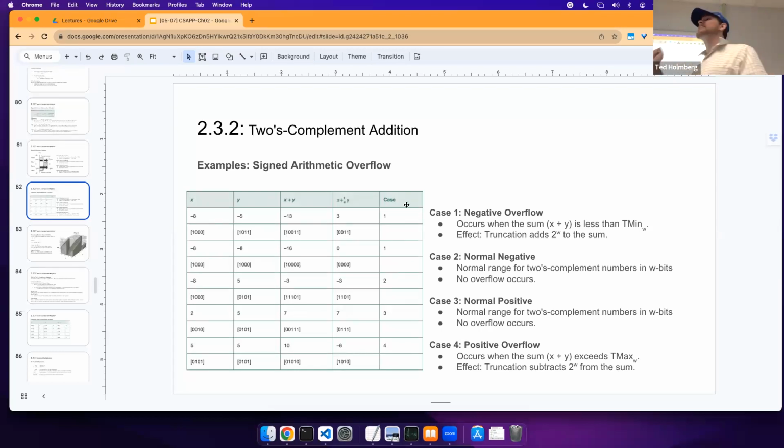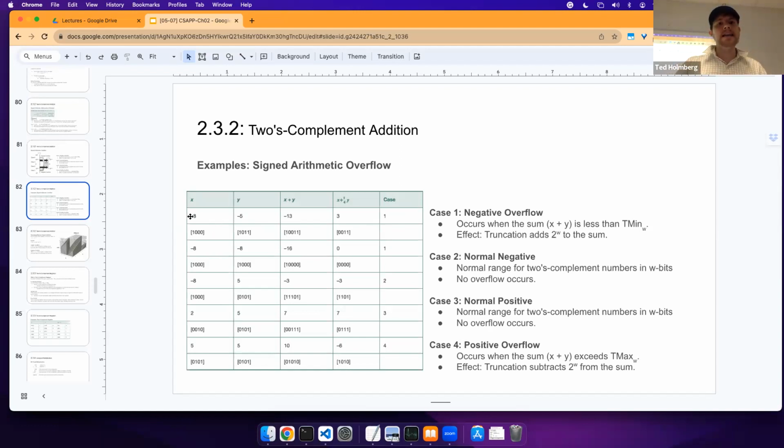And then I'll delineate when I've hit what type of case, whether it was a normal case, whether it was a negative overflow, or whether it was a positive overflow. And then even with my normals, I could say whether it's a negative normal number or a positive normal number as well. Okay, so let's look at this first row.